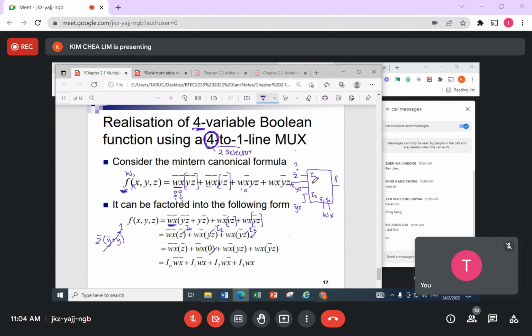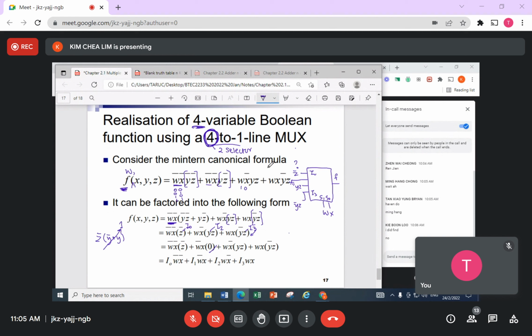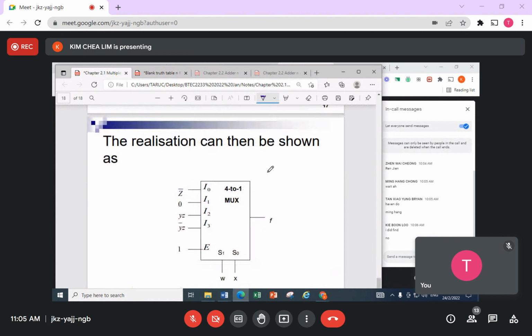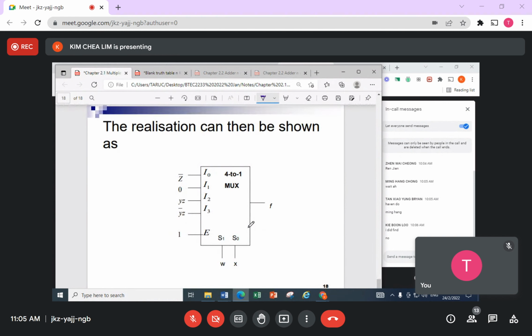Although if you are not using 4 to 1, maybe you use 8 to 1, then if it's a Z bar input, you also need to use an inverter. So this is trying to reduce these parts here. Then you find out this is the one that I'm going to use for my connections. So more practice, we'll see during the tutorial.